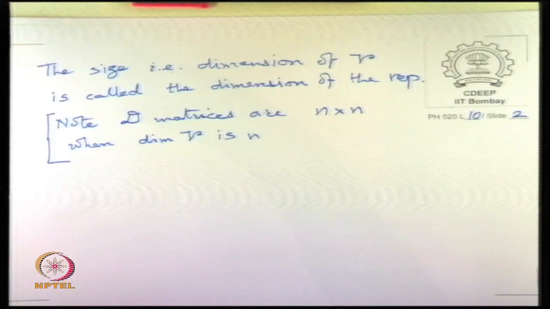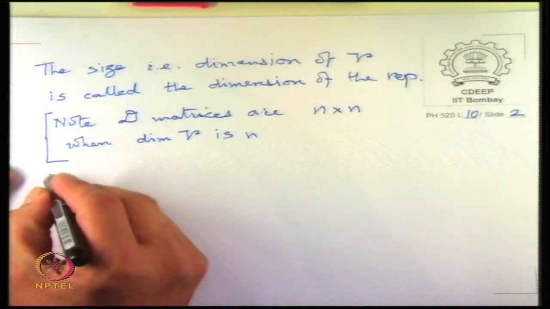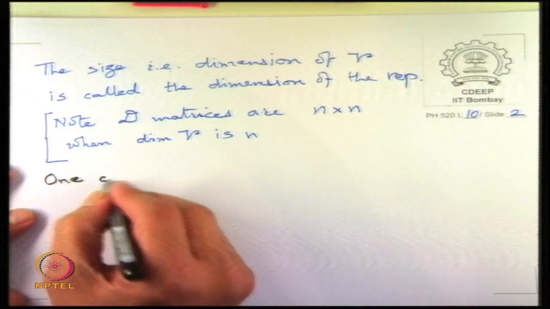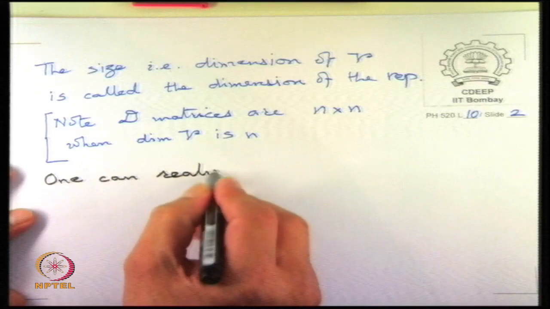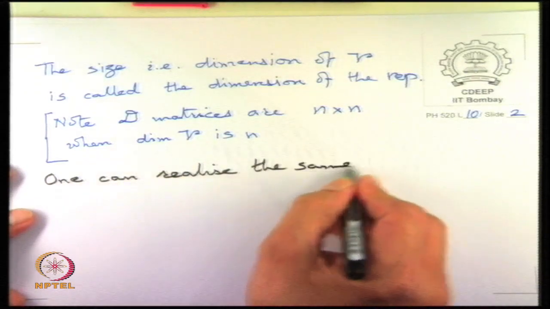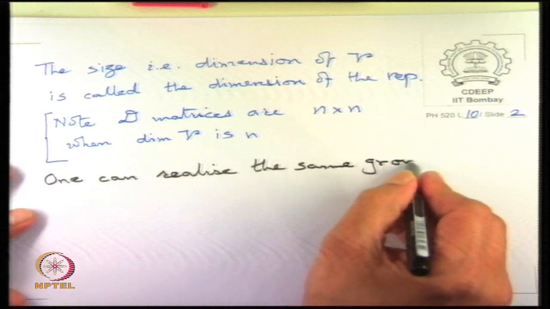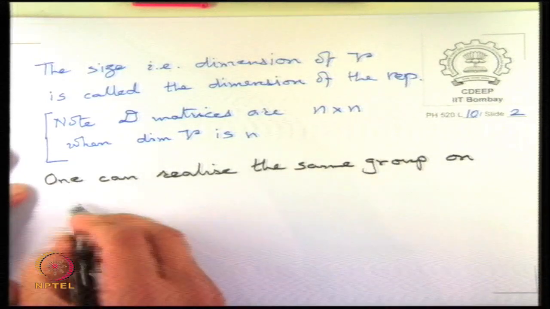Now, in general, one can represent or realize the same group on vector spaces of different size.